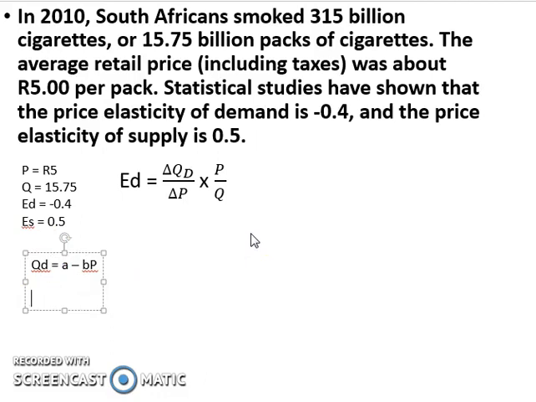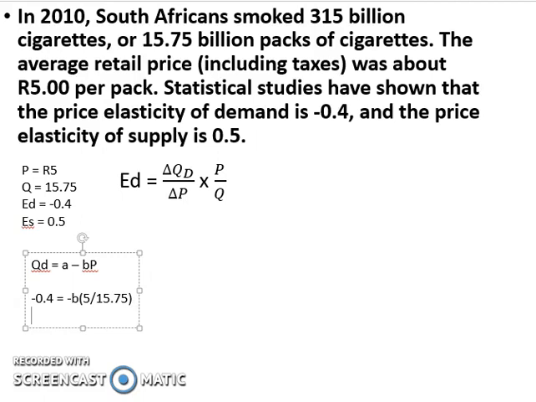So that means our elasticity of demand, so we're going to use this equation here to estimate the value for B. So elasticity of demand is minus 0.4 equals minus B, which we do not have, multiplied by the price divided by the quantity, and the price is 5 divided by the quantity, which is 15.75.